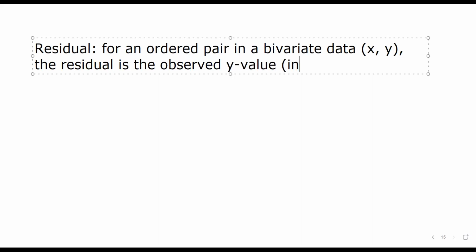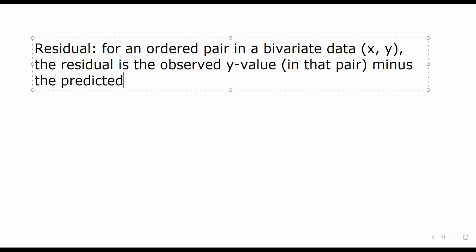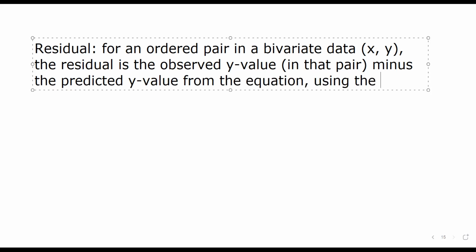So in other words, in that pair, it's the difference, it's the observed y value in that pair minus the predicted y value from the equation using the observed x value.